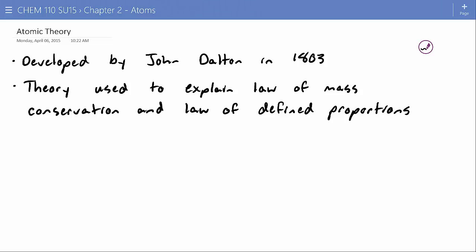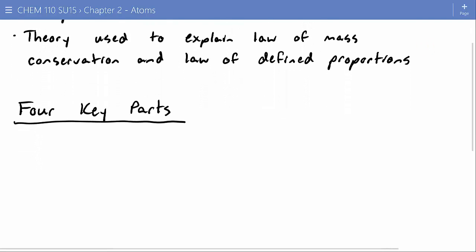He was the first one to really sit down and try to explain how or why they were working the way they work. And there's 4 key parts to this. So the first part of his theory was one that we already know about, and that is that all matter is composed of atoms.